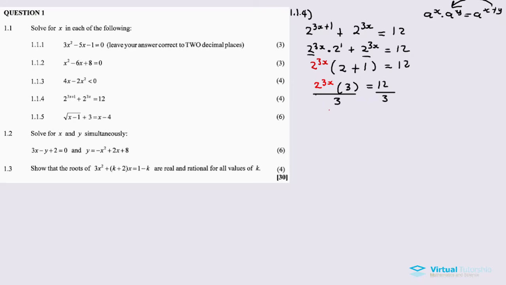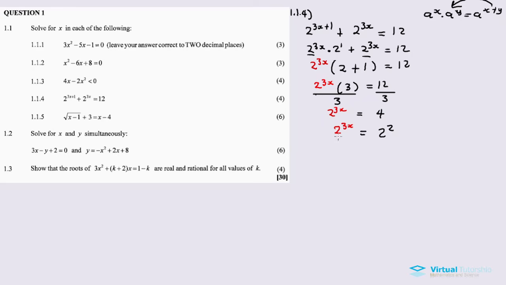We remain with 2 raised to exponent 3x equal to 4, since 12 divided by 3 is 4. And then since 4 is not a power with a prime base, you change 4 as 2 raised to exponent 2, since 2 is a prime number, right?